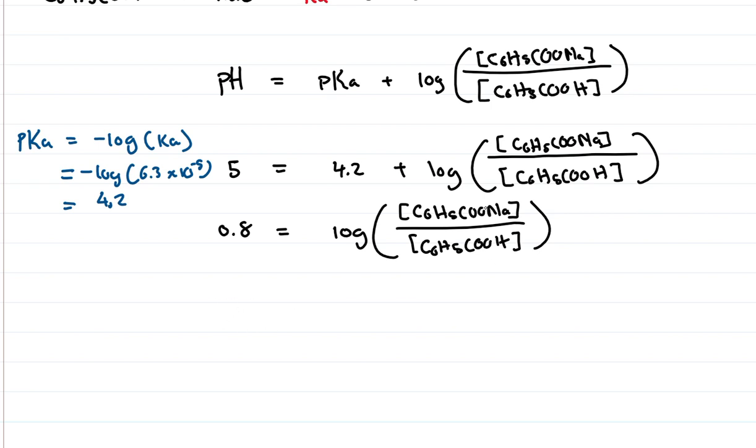Now from here you can find that ratio by simply equating it to, let's say, the concentration of the base divided by the concentration of the acid is equal to 10 to the power of negative of that value. So we have 10 to the power of negative 0.8, and that gives us the value of 0.158.